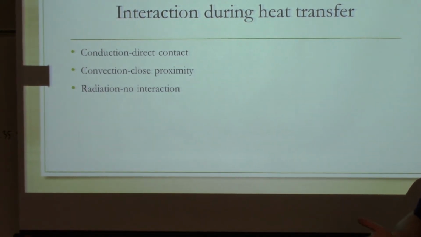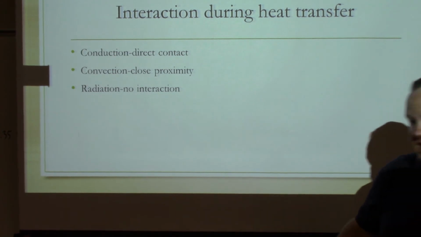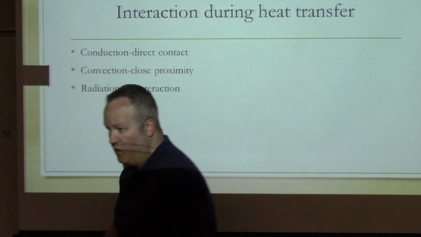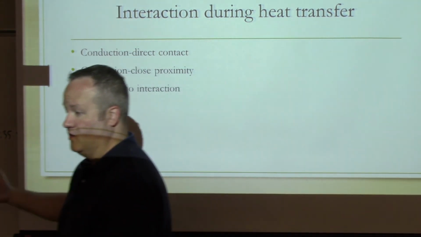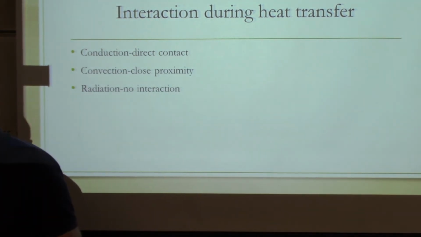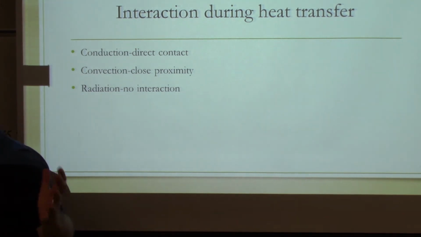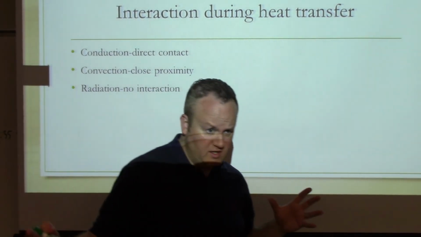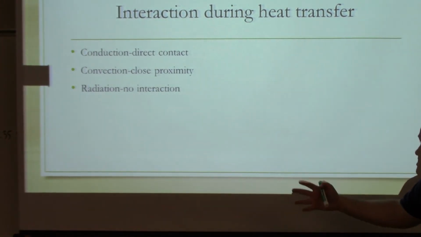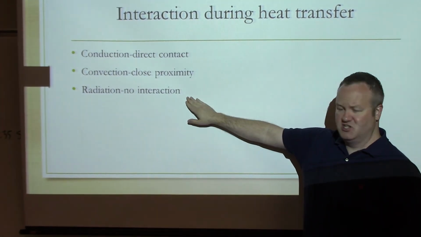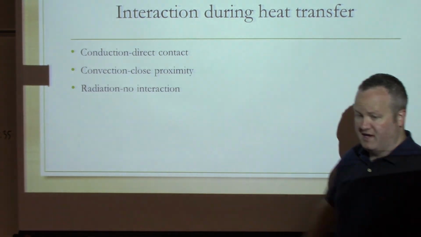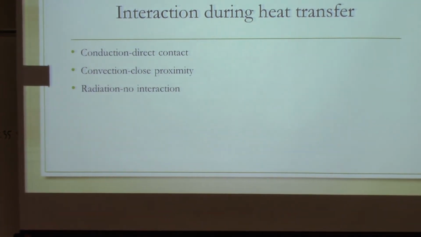For example, boiling water over here cannot affect matter that's over there. However, if I have a space heater and that's heating up the air particles, they're going to move around the room a little bit. But if something is nowhere near the convection currents, there's not going to be any heat transfer at all. So conduction has to be direct contact, radiation is no interaction at all, and convection is going to be close proximity.